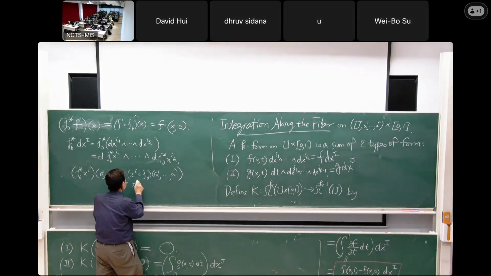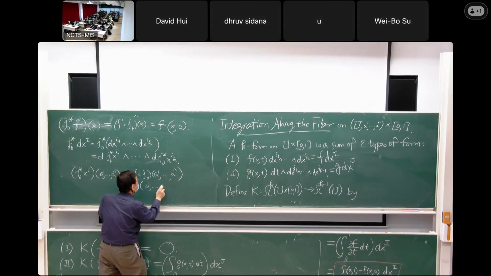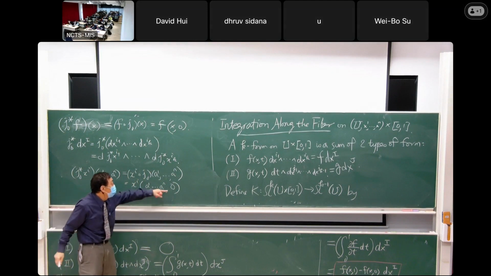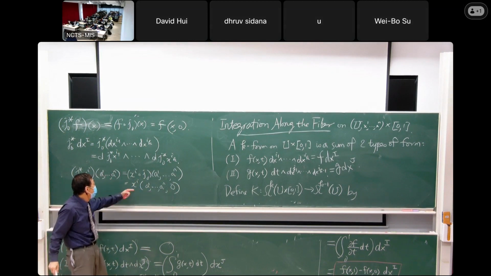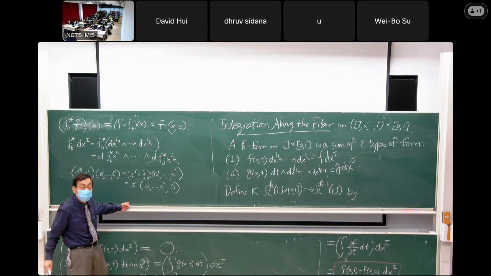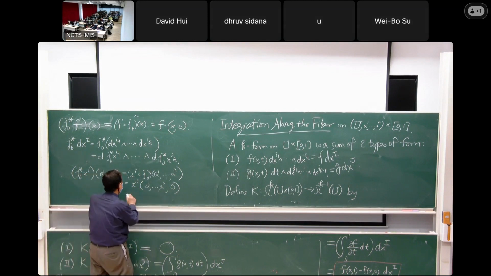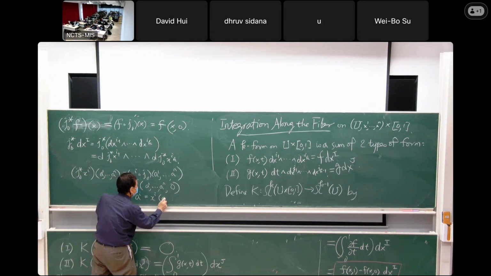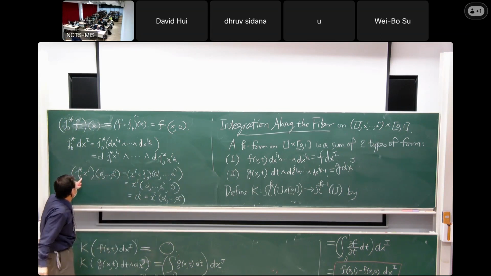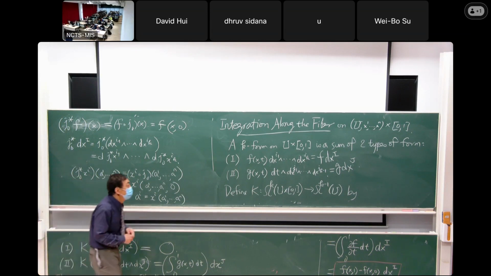Now J0 maps this point in U to the product whose time coordinate is 0. Xi means you take out the ith component, so it is ai. And ai is xi applied to a1 to an. If you compare both sides, you see that J0 star of xi is just xi.